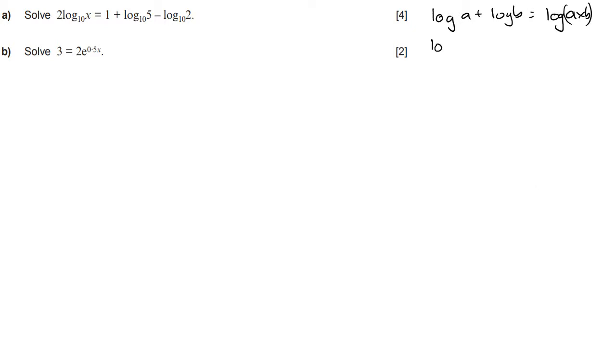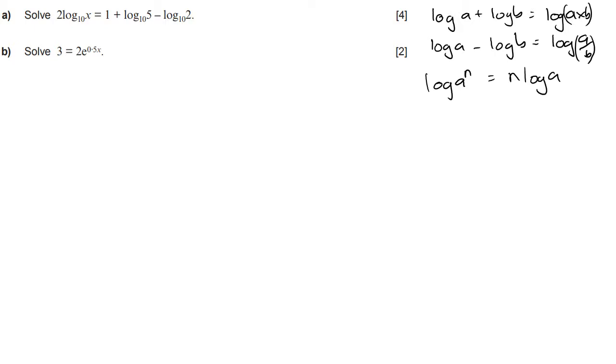Then you have log A minus log B equals log A divided by B, and then the power rule, which is log A to the n equals n log A.